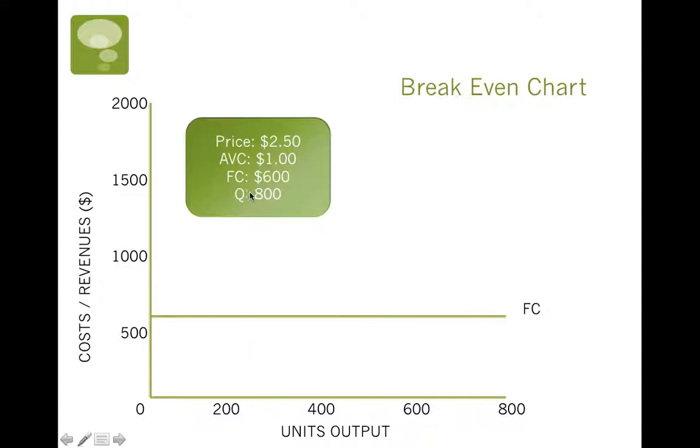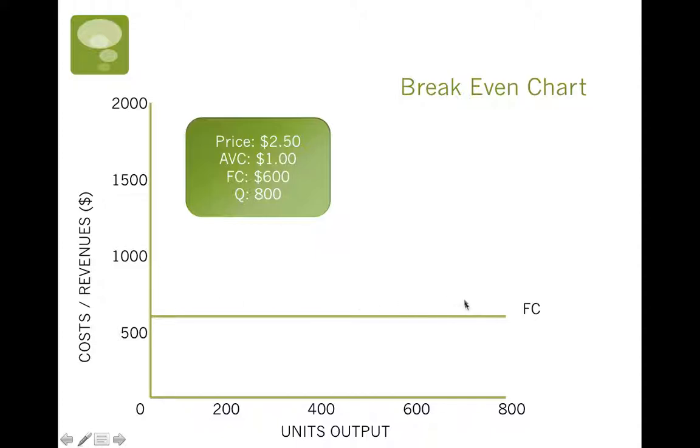The next line that we're going to add is our total cost line. Our total cost line has to consider the fixed costs, 600, and the average variable costs. Now, 600 is still the fixed costs even if I sell no units of output. So my total cost line can't start here at 0, it has to start here at 600.